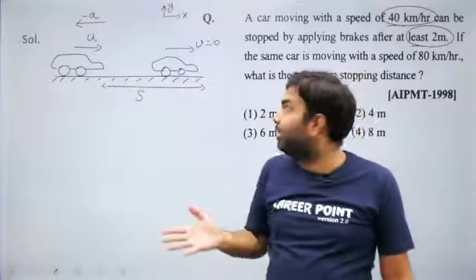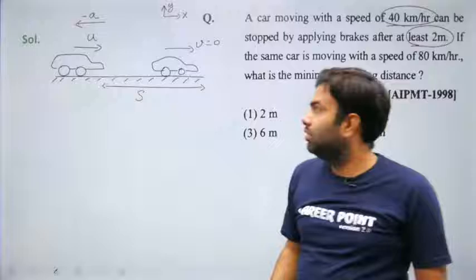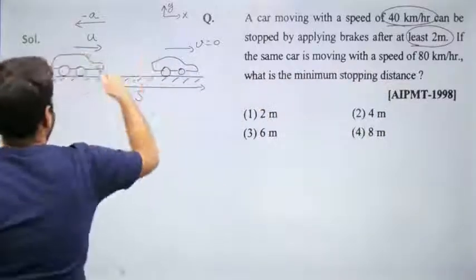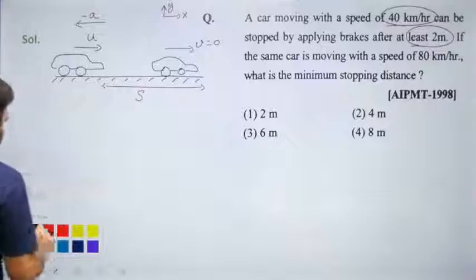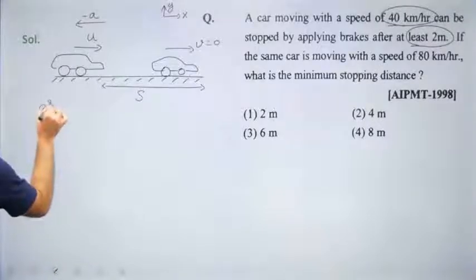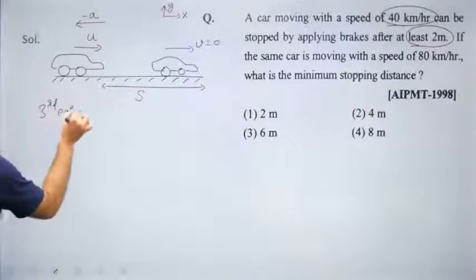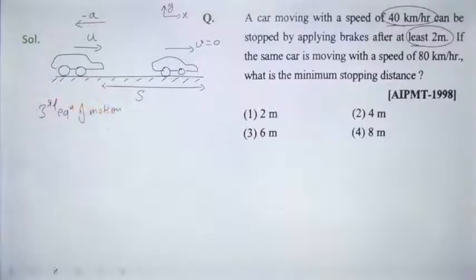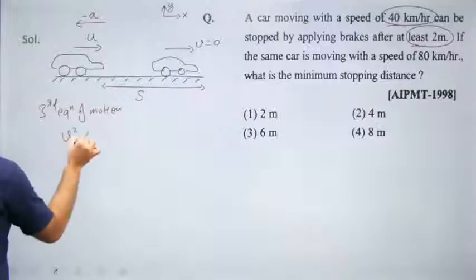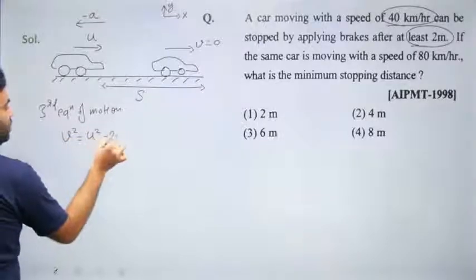So can we find the relation between A, u and s? Yes, we can, if we apply the third equation of motion. What is the third equation of motion? v square is equal to u square minus 2as.